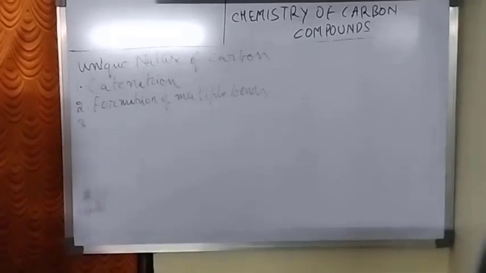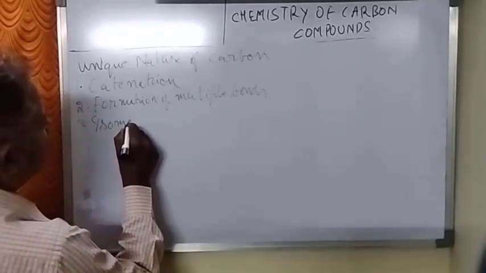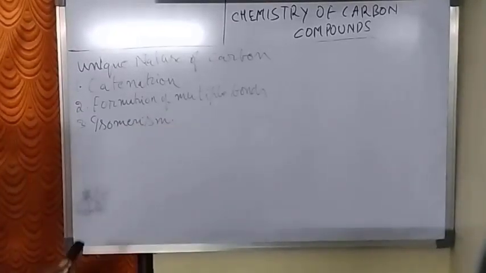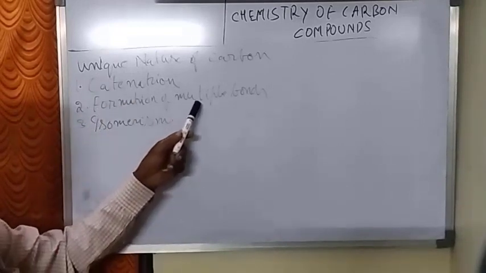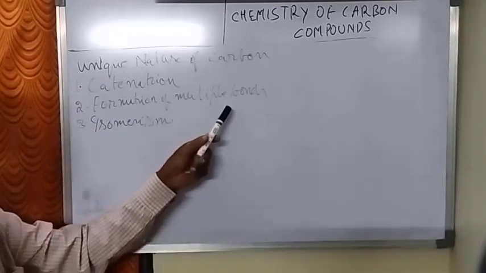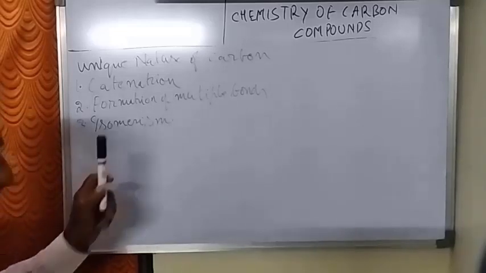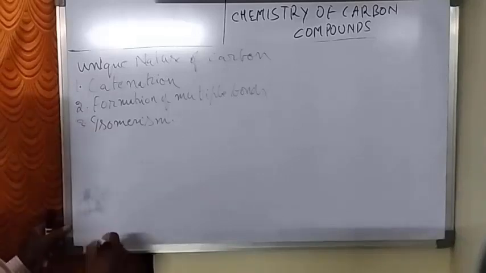Number 3, isomerism. So carbon has a unique nature because of catenation, the ability to form multiple bonds with carbon atoms and other atoms, and isomerism. Now let us discuss these one after the other in detail.